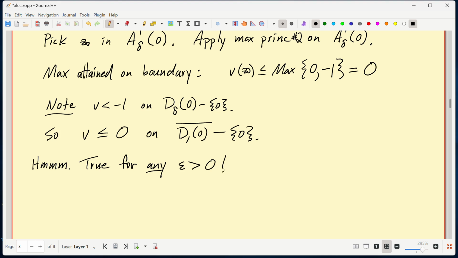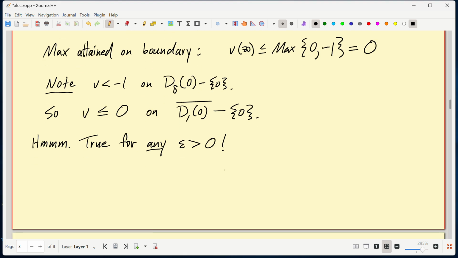So it should occur to you that, well, I can make that epsilon shrink away to nothing. We can let epsilon shrink down to 0.